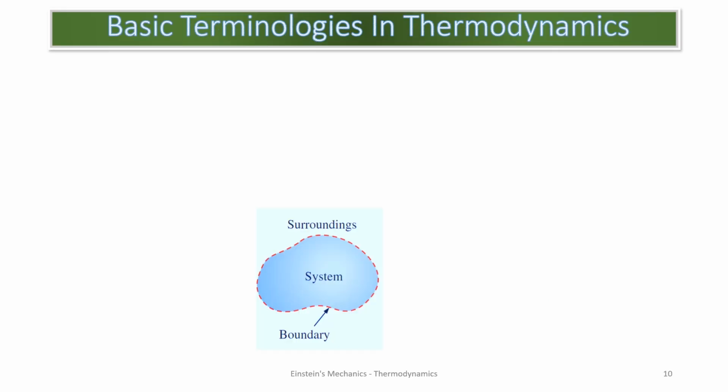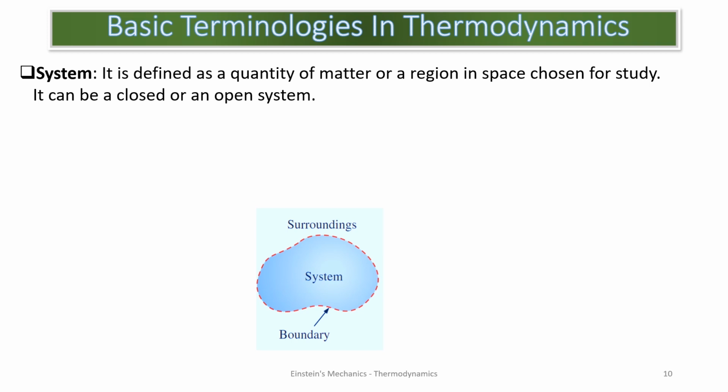Let's look at some basic terminologies in thermodynamics. I'll be using some terms and you should be understanding them. System. So anytime you hear of a system, what does it mean? It is defined as a quantity or a region in space chosen for study. It can be a closed or open system. Anything under study. So when I choose a portion like this to study, the 4 corners, this becomes what?